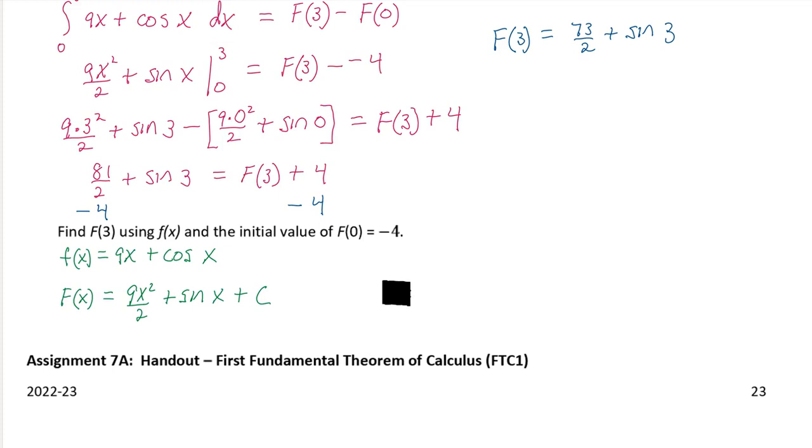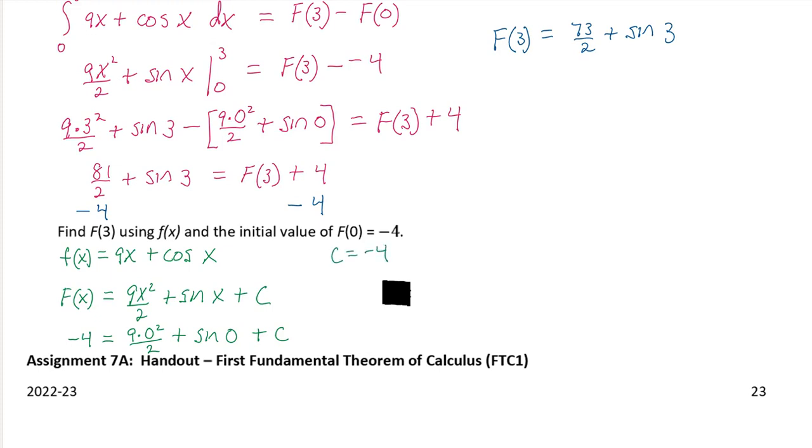If that's not making sense, then let's keep going. So I'm going to plug in negative 4 over here on the left. Negative 4 equals 9 times 0 squared over 2 plus sine of 0 plus c. Well, you can see that 9 times 0 squared over 2 is 0, sine of 0 is 0, and so we end up with c equals negative 4.